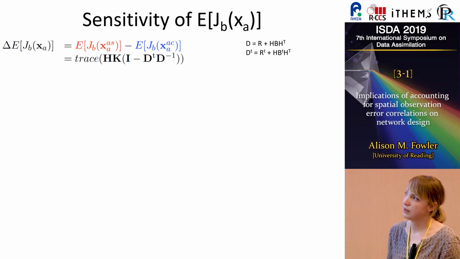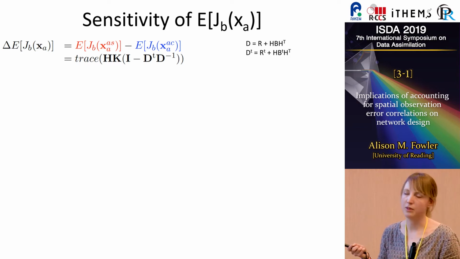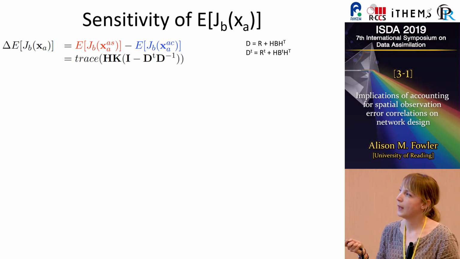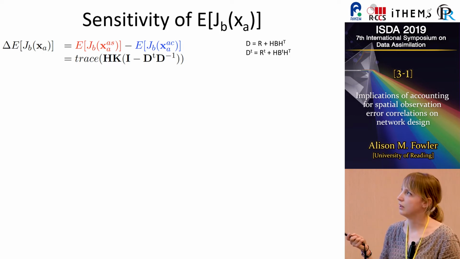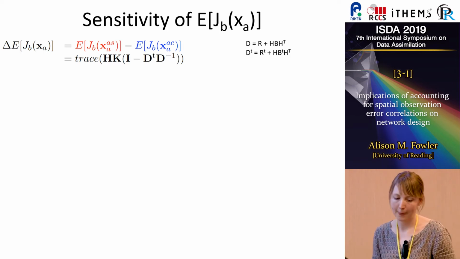And if you, again, assume Gaussian distributions and unbiased errors, then you see that it's equal to this, where we have the observation operator acting on the Kalman gain matrix, so the weighting that we're given to the observations in the simulation, multiplied by this term here, where we have dt is the true covariance of the innovation, so the sum of the true R and the true B, and d is the covariance of the assumed innovation, so the assumed R and B.